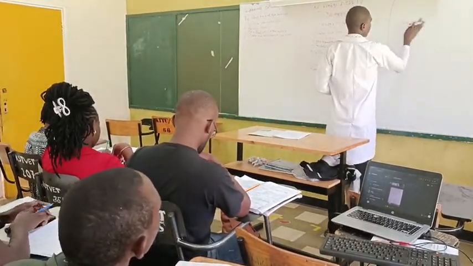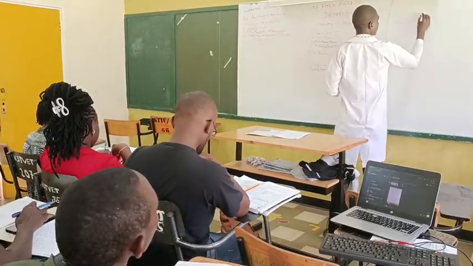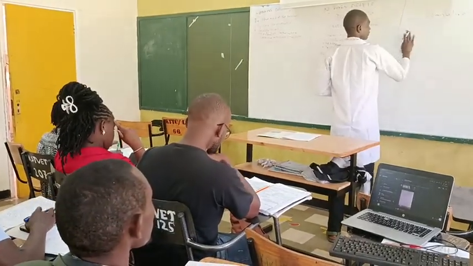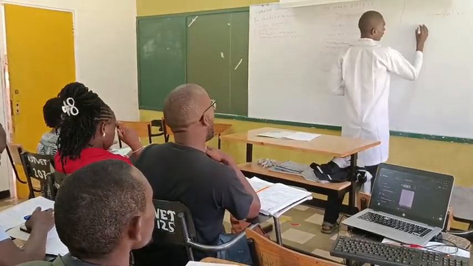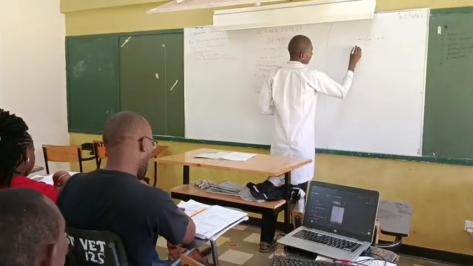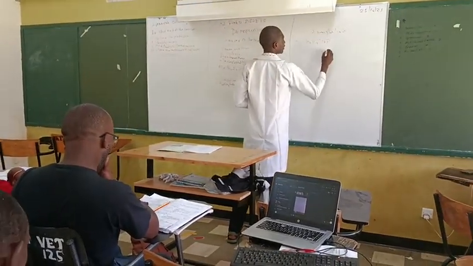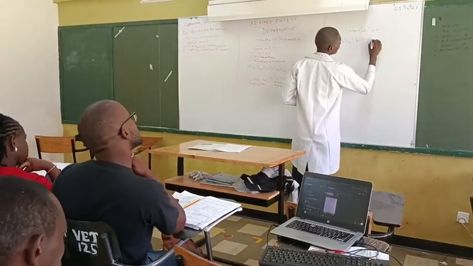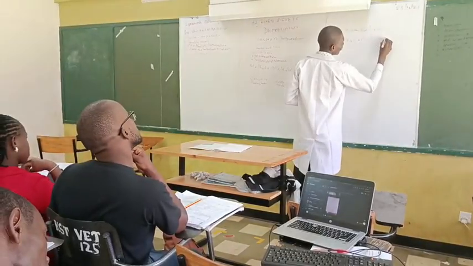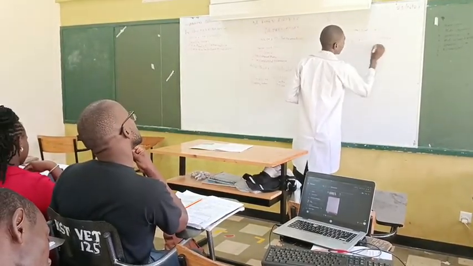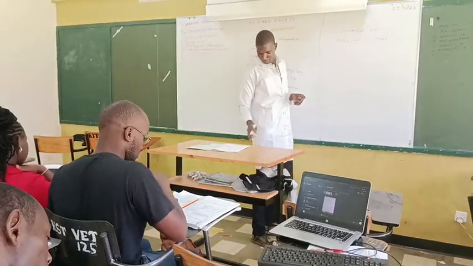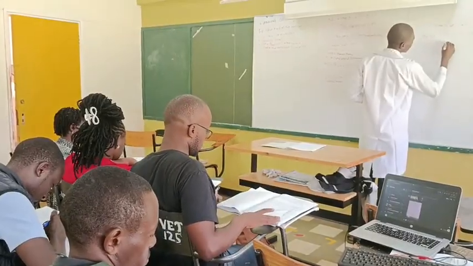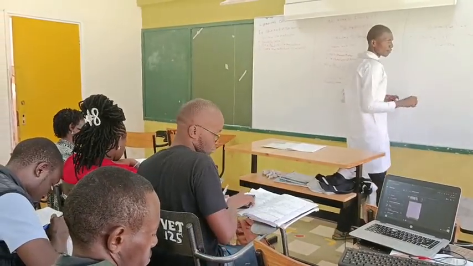You can say straight line method. The formula is, you take the initial cost of the fixed asset, you less the scrap value of the fixed asset, and then you divide by the useful life or the lifespan of the fixed asset.